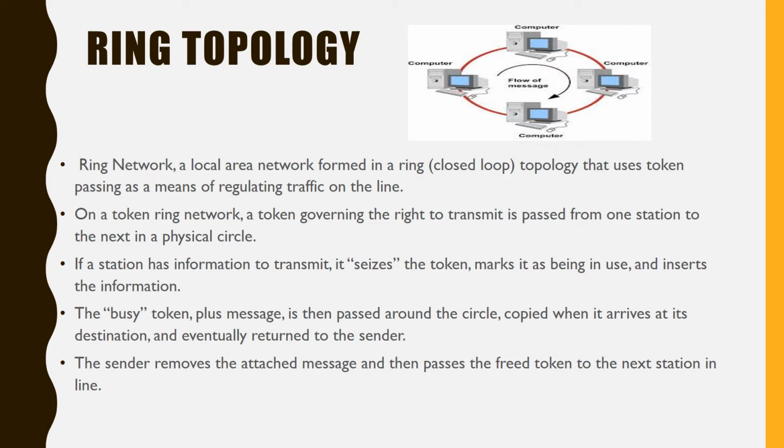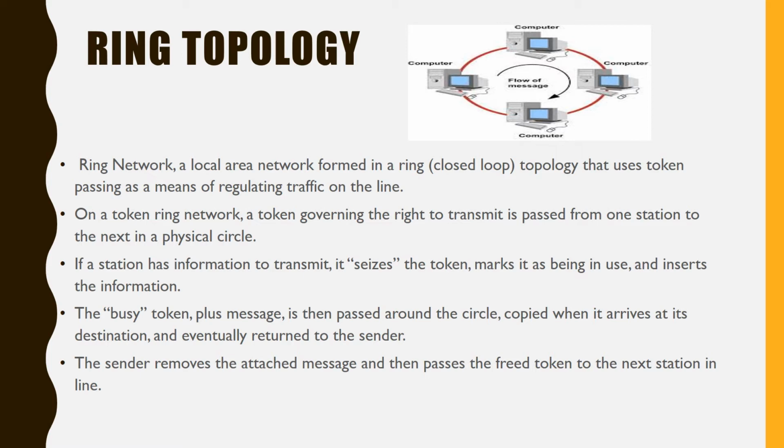Whichever node has the token has the whole permission to retrieve or access any resource in the network, whereas at that time all the nodes which are not having the token remain idle.